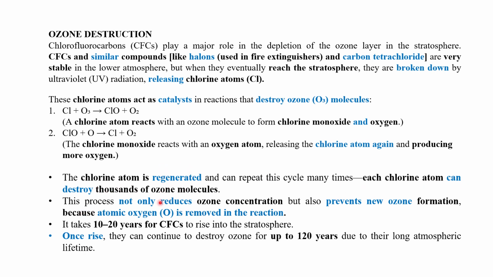This process not only reduces ozone concentration, but also prevents new ozone formation because atomic oxygen is removed in the reactions. So what is going to happen? It takes 10 to 20 years for chlorofluorocarbons to rise into the stratosphere. Normally, they are generated at the ground surface, and it takes 10 to 20 years to reach the stratosphere.